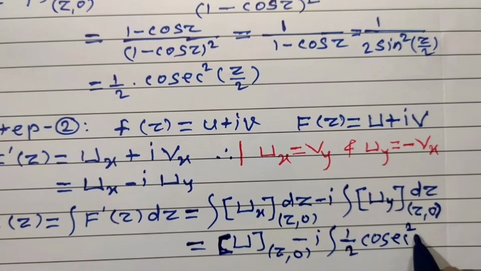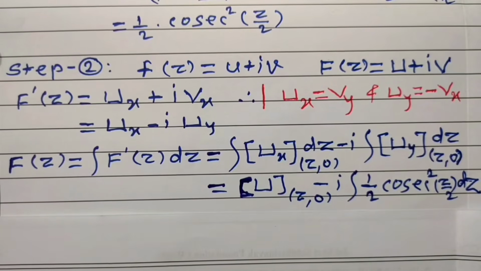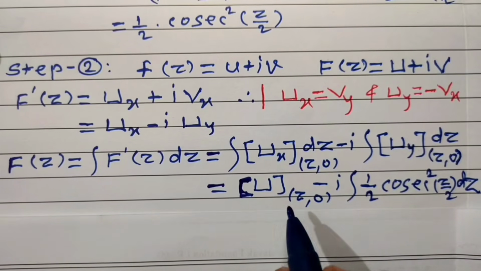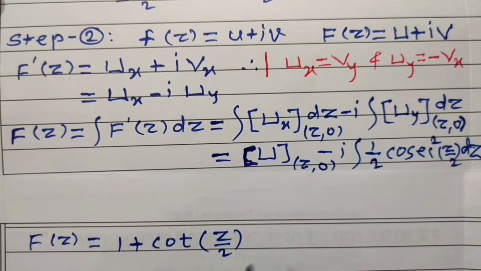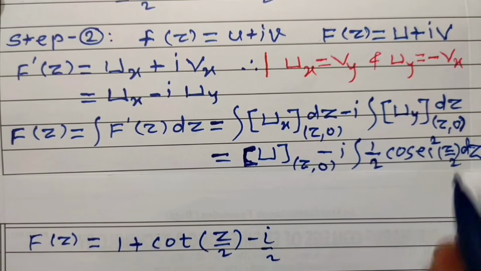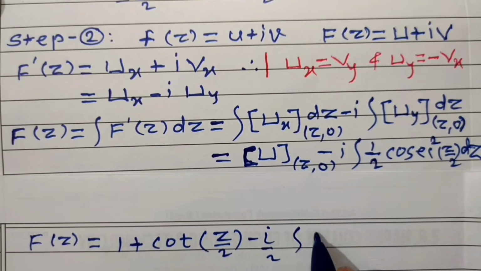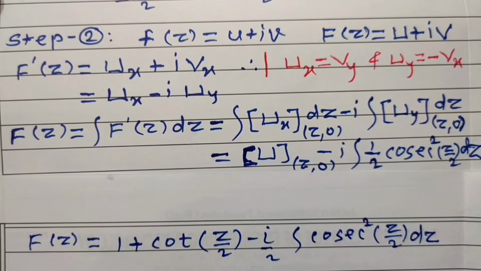So put here cosec square z upon 2, integral with respect to z. Hence capital F of z is equal to U at (z, 0), its value is 1 plus cot of z upon 2, then minus i upon 2 integral of cosec square z upon 2, integral with respect to z. Let us evaluate this integral.